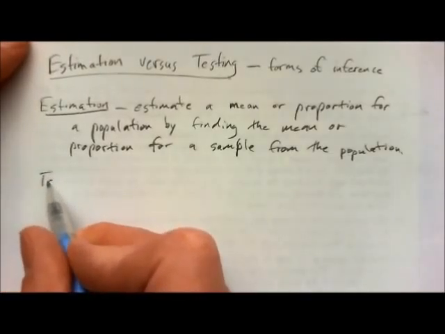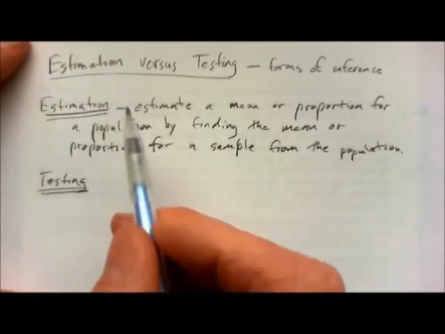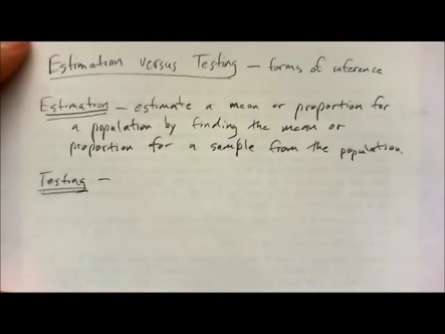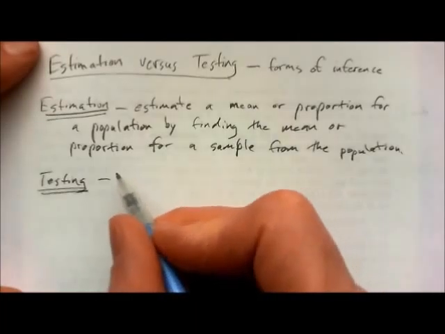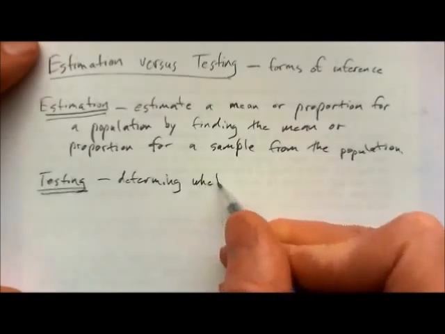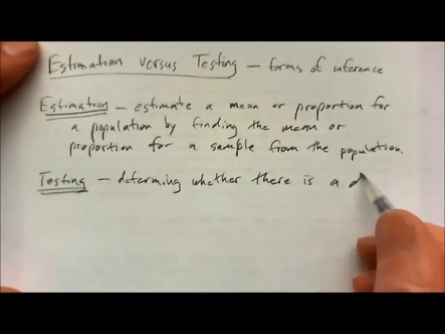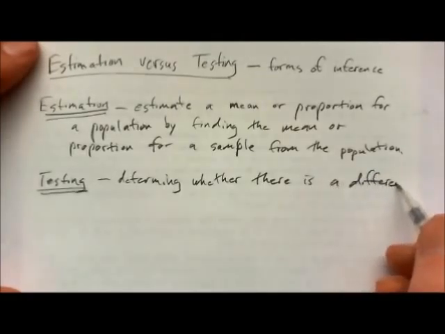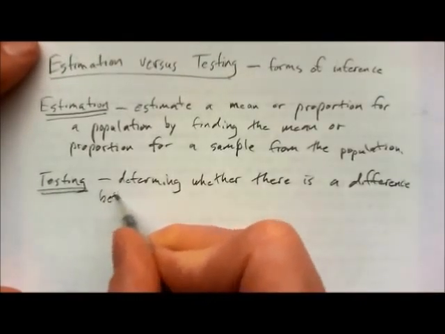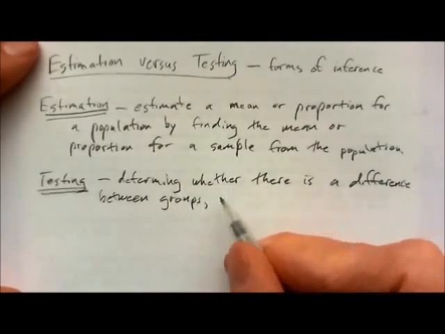Testing, on the other hand, is still a form of inference, so we still use a sample, or in some cases multiple samples. And what we're doing when we're testing is we're determining whether there's a difference between groups or a relationship between variables. So determining whether there is a difference between groups, and that oftentimes is just two groups, but it can be more.